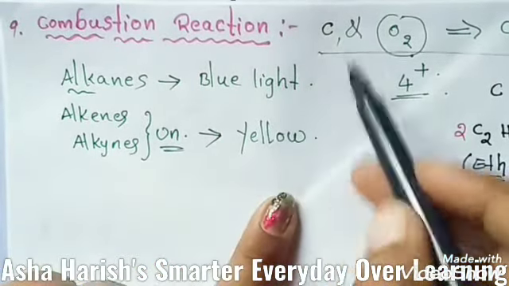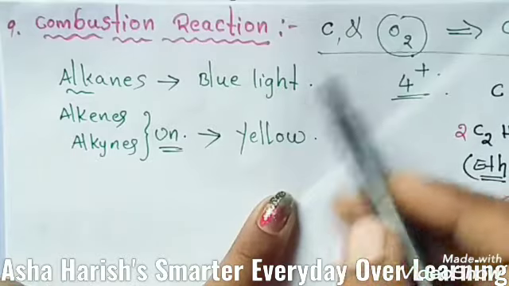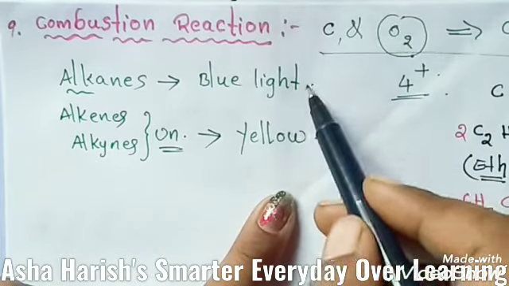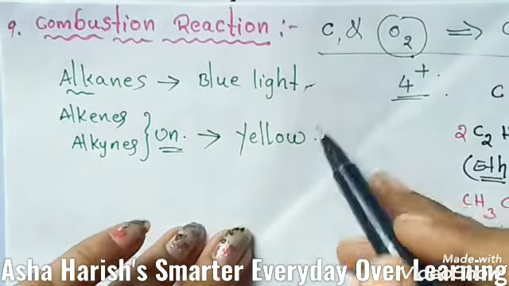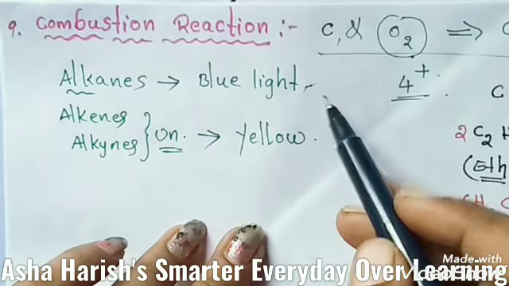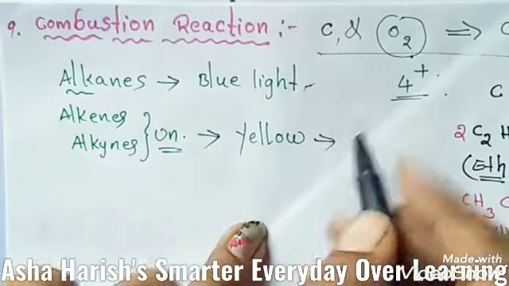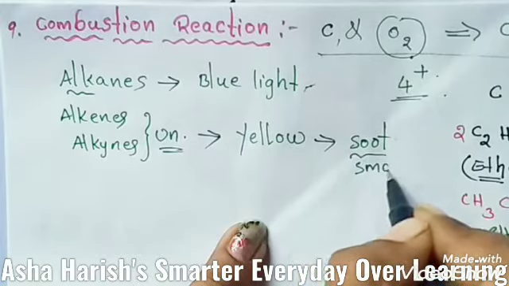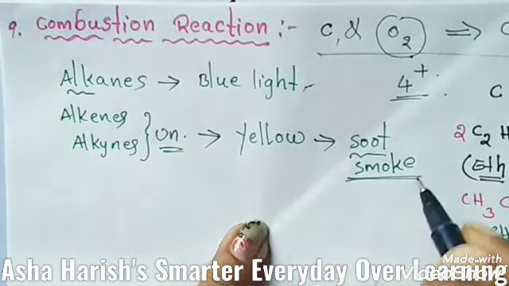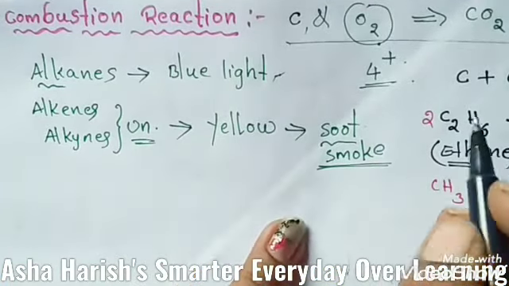So by observing the flame color, you have to identify whether they are saturated or unsaturated hydrocarbons. Here is the yellow colored flame with soot. Soot is nothing but some smoke, so you have to observe some smoke in that flame.